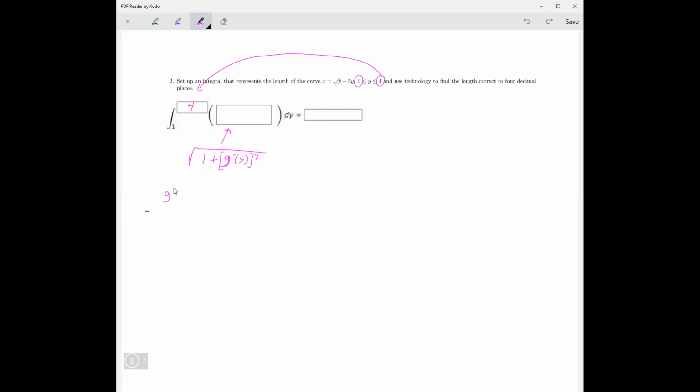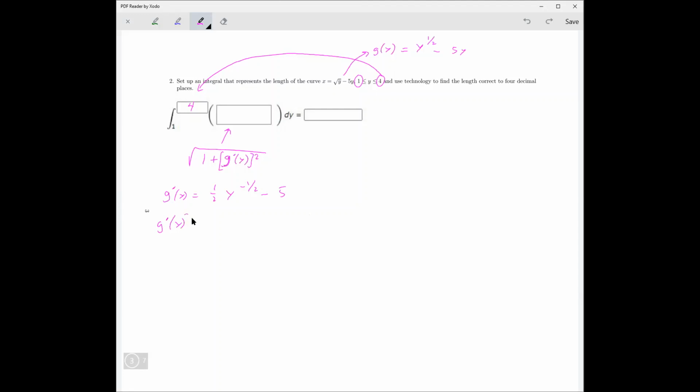So g prime of y, that's going to be the derivative of this. G of y is, okay, the square root of y is the same as y to the 1/2, and then of course minus 5y. So the derivative of this will be 1/2 y to the negative 1/2 minus 5.